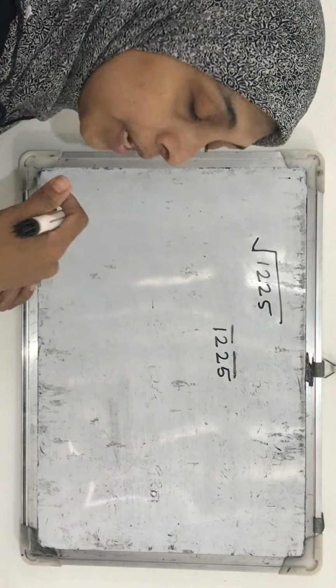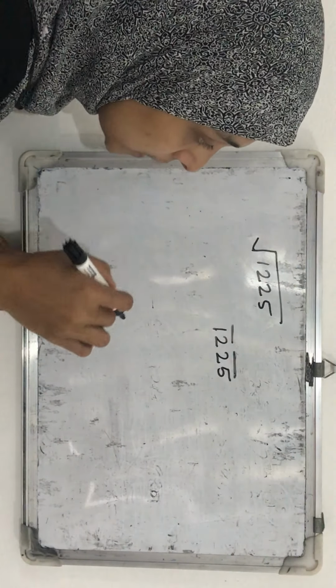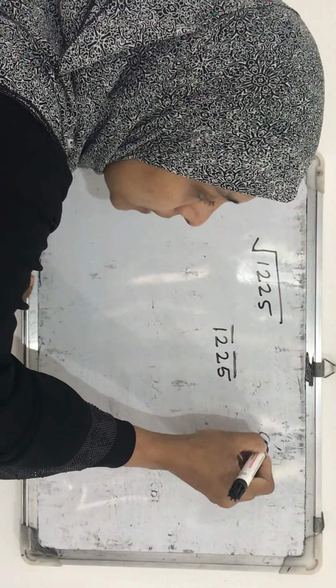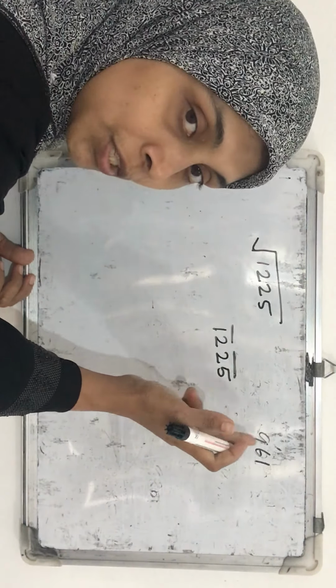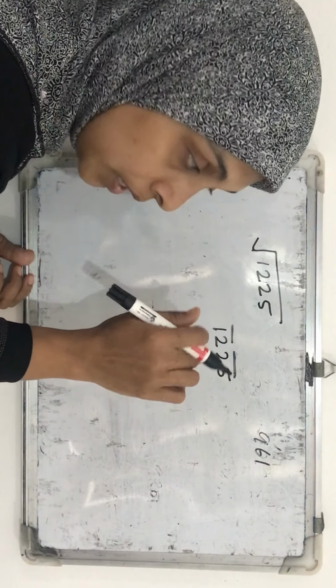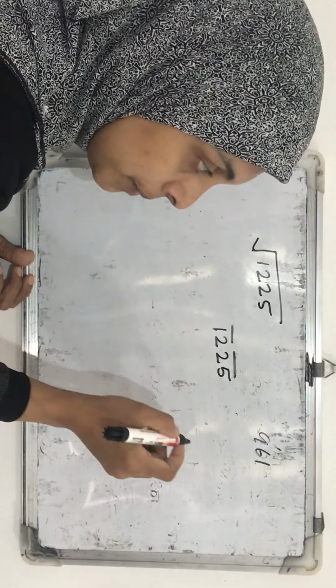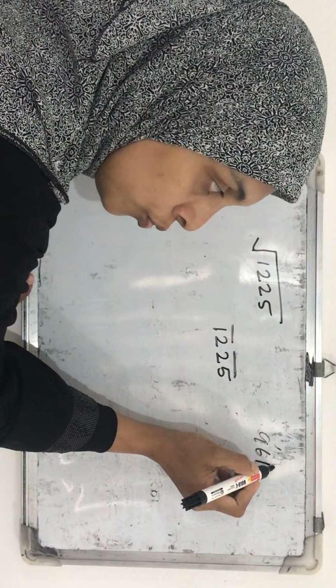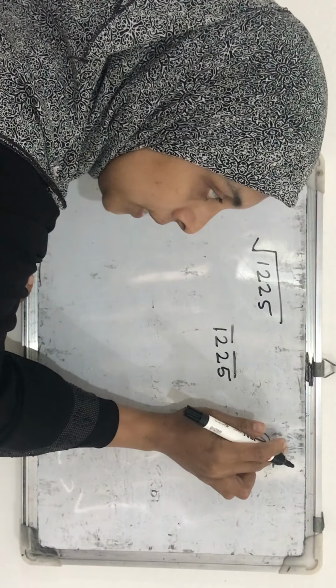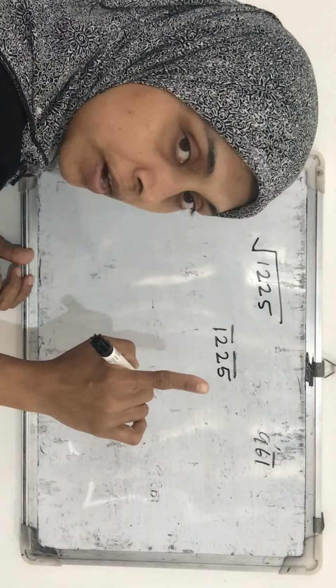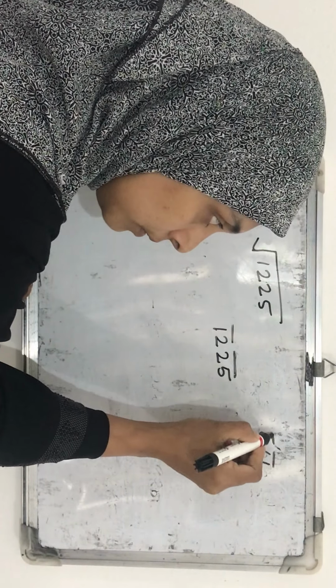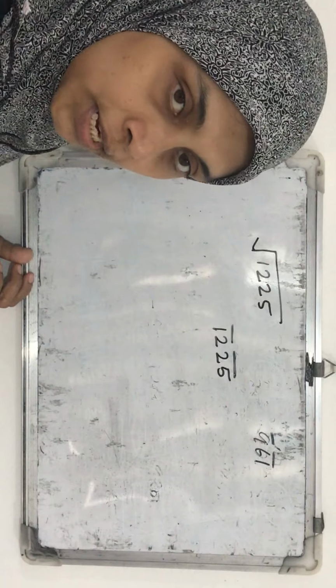Suppose it is a 3-digit number, suppose 961. Now if you want to find the square root of this using the long division method, how will we pair this? That time also we start the pairing from the units place. So first 2 places we make a pair. Then for the next one there is only 1 digit, so we put a bar on that.